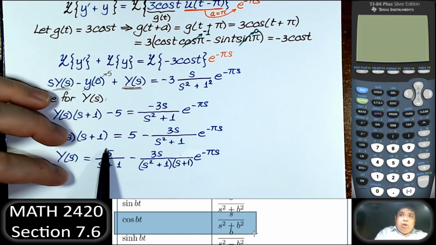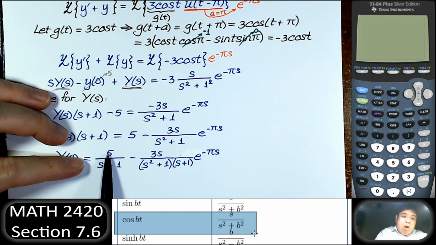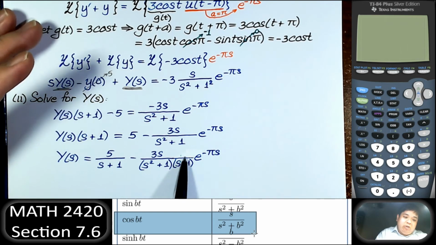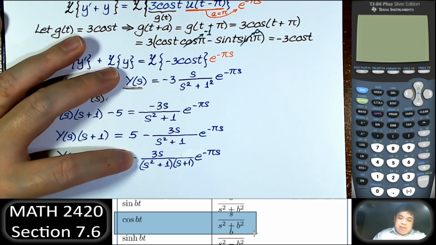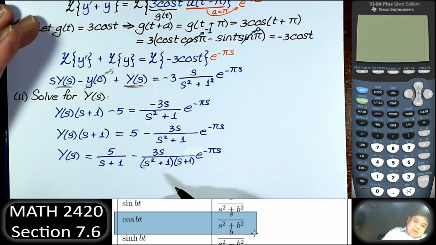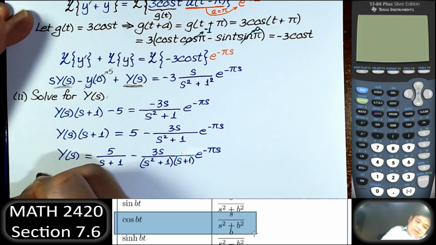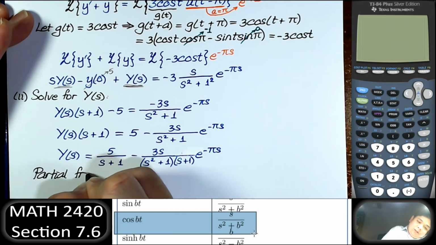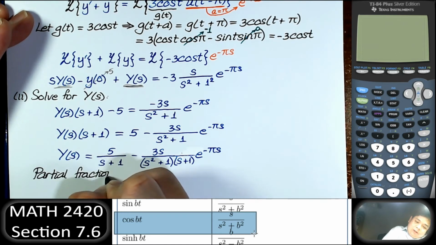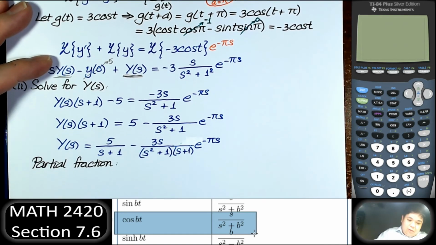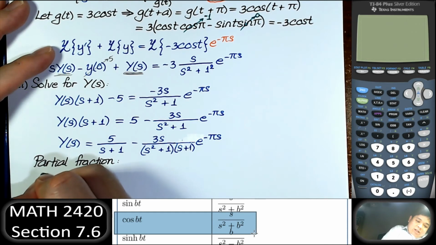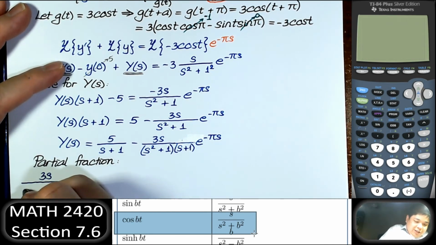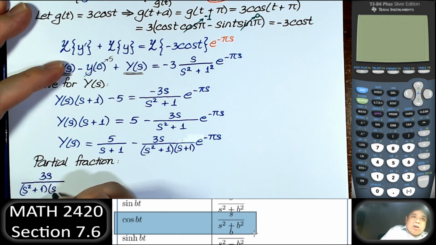This, of course, is a reduced fraction. We're not going to do any partial fraction with this. We only need to do a partial fraction for the 3s over s squared plus 1 times s plus 1.